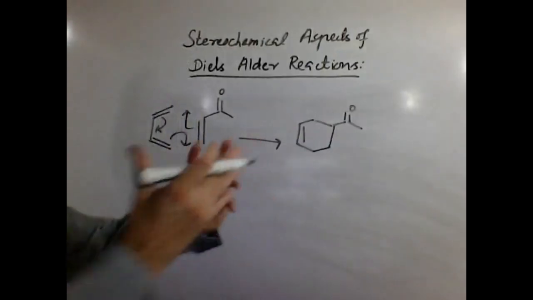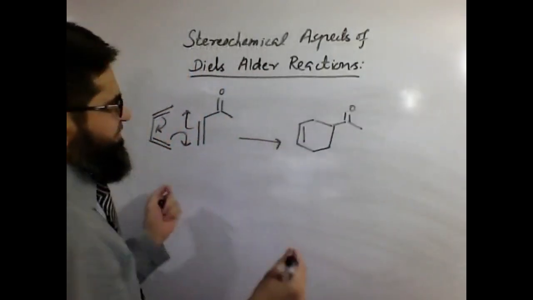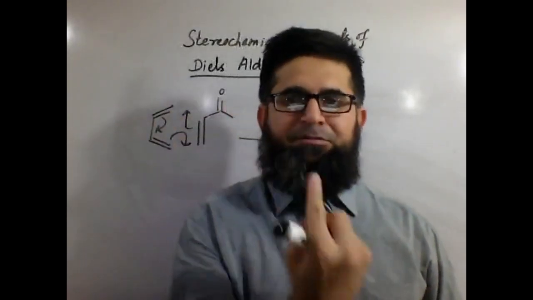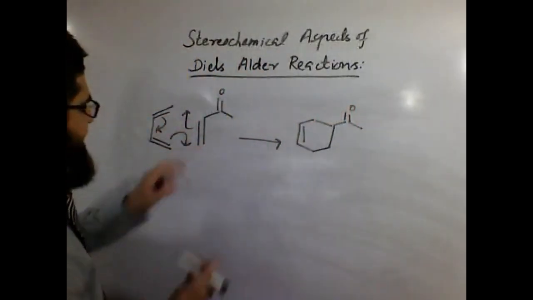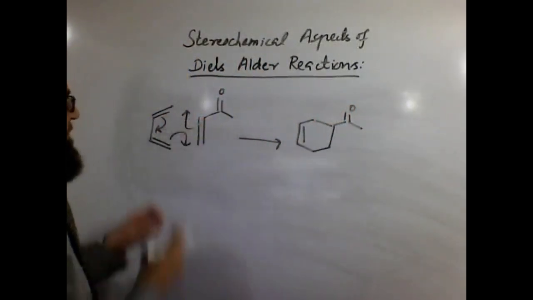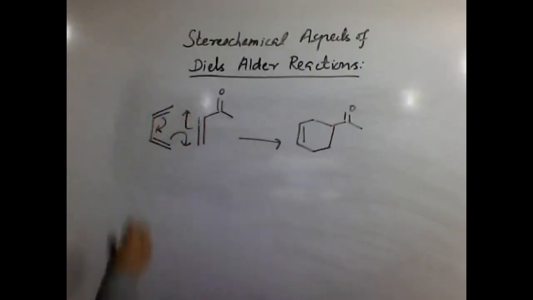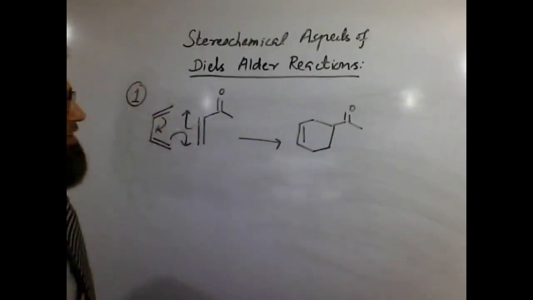There are two chances. When you put such two reactants in the flask and stir them, heat them, they get the energy. This dienophile has the chance to react with the diene in two ways. One way is the one I have discussed with you.